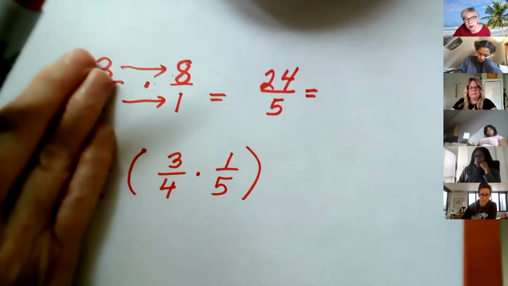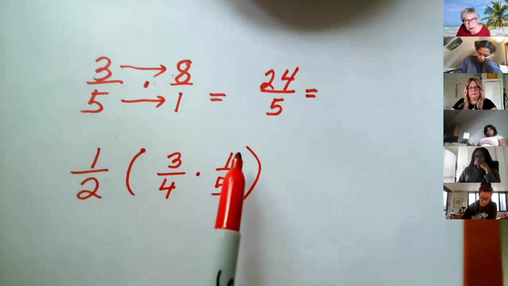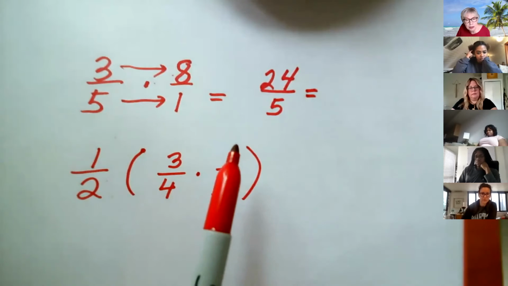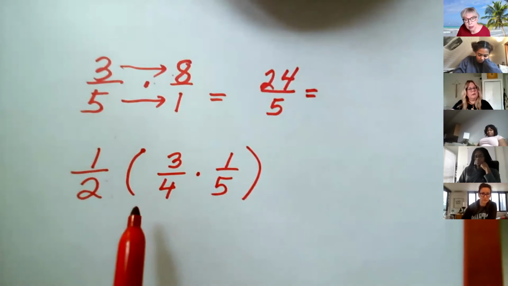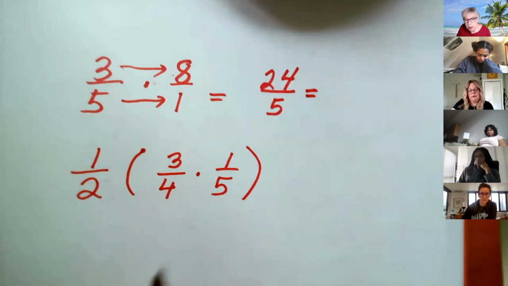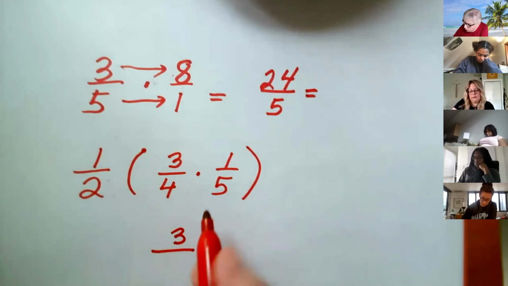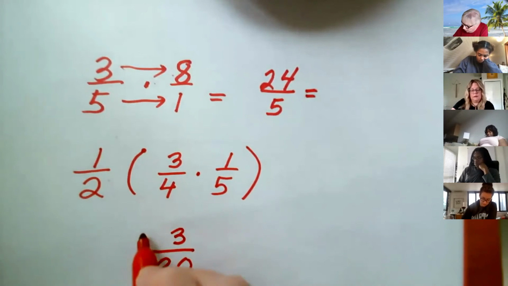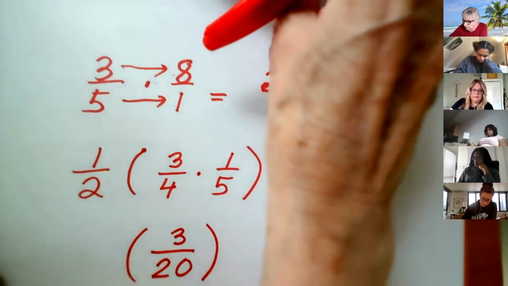And so I'm going to try to ignore the 1/2. Does anything cancel anywhere? There's any common factors? I don't see anything, do you? So 3 times 1, I'm going to write it as 3. 4 times 5 is 20.